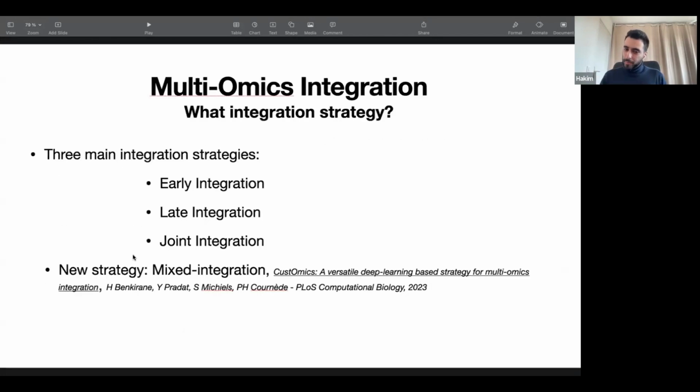So we came up with a first strategy that we published in our paper in 2023, the first generation of CustOmics, published in PLOS Computational Biology, and we called it mixed integration because it's actually a mix between late and joint integration.